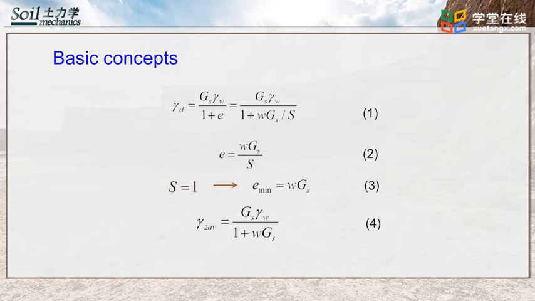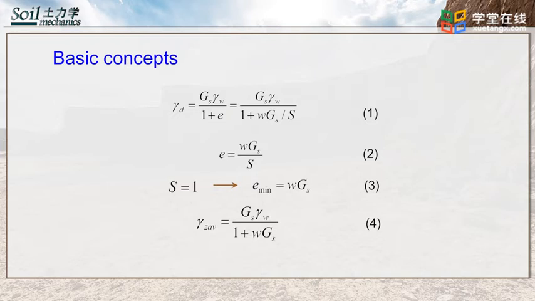From equation 1, we know that in order to increase dry unit weight, we need to reduce void ratio. That is, w over capital S must be reduced since Gs is constant. For a given water content, the theoretical maximum dry unit weight is obtained when no air is in the void spaces.